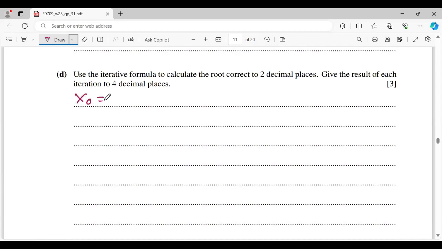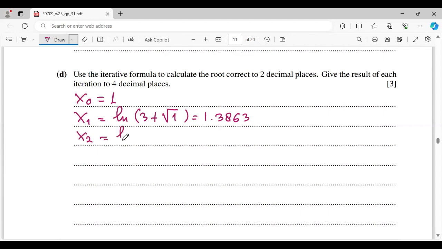If x0 equals 1, so x1 equals ln 3 plus square root 1, and I have calculated already, 1.3863.